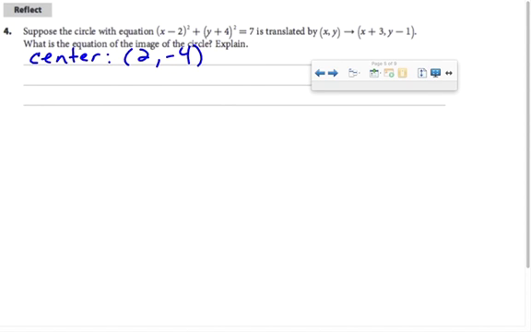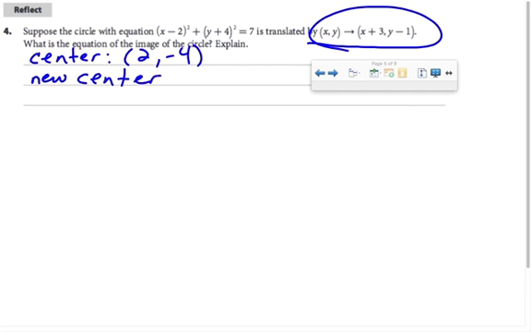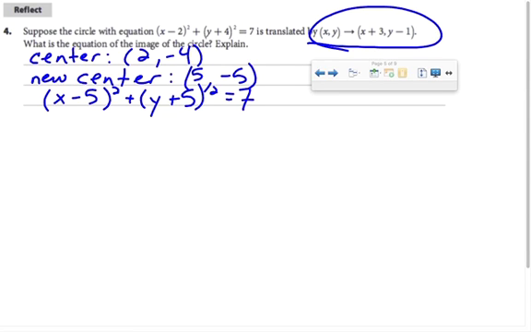And when I take that and apply this rule to it, then the new center is 5, negative 5. So my new equation will be x minus 5 squared plus y plus 5 squared equals 7.